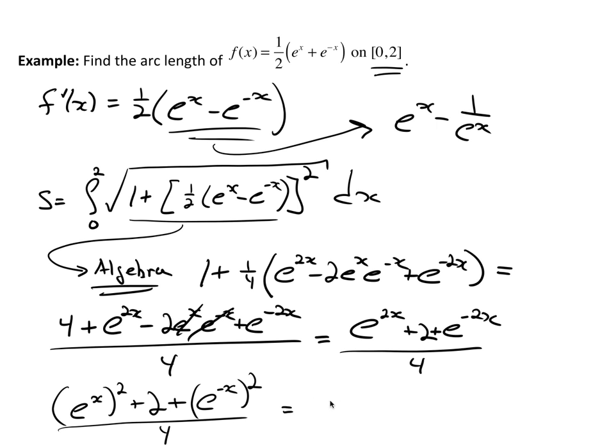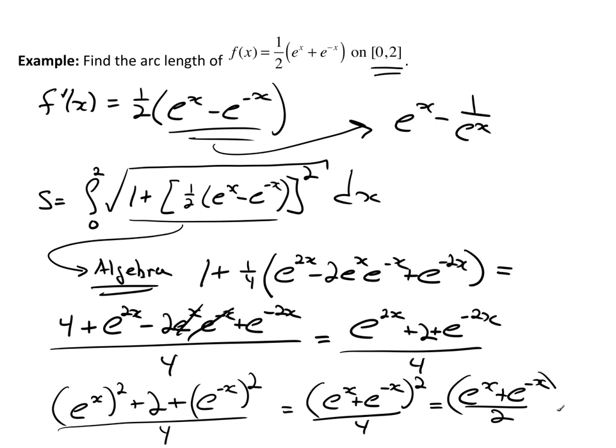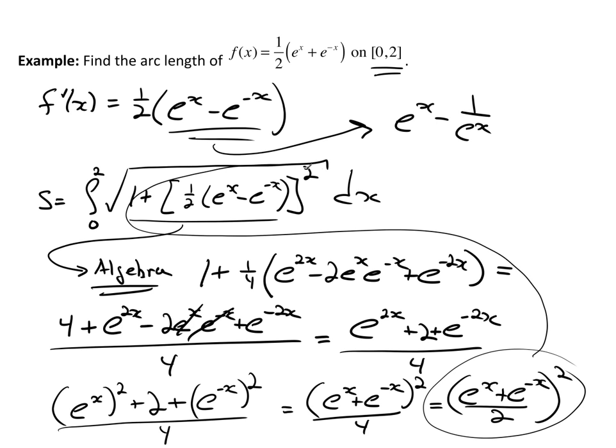This is the same as (e to the x plus e to the negative x) squared over 4, which is the same as ((e to the x plus e to the negative x) over 2) squared, because that gives me my 4. Well, that's really nice, because this is what all of this is equal to.